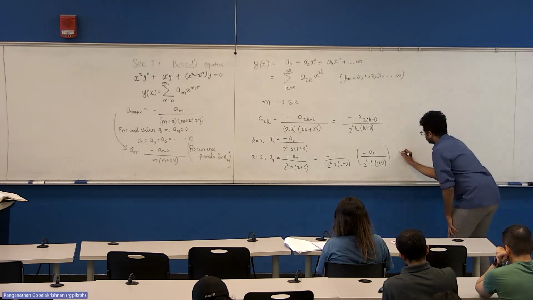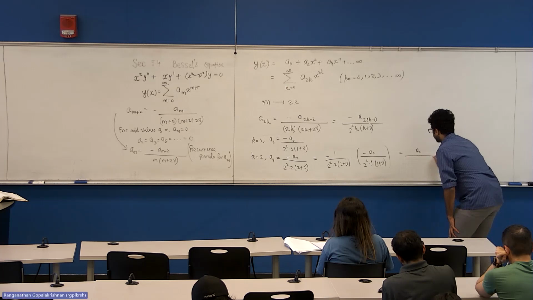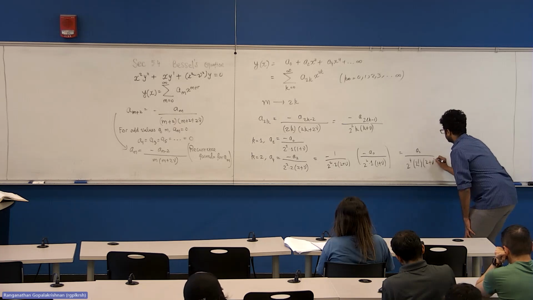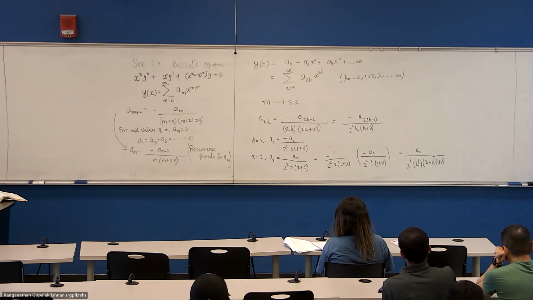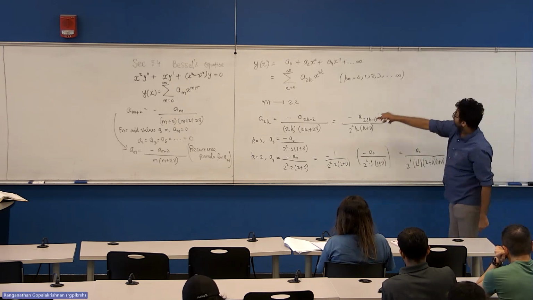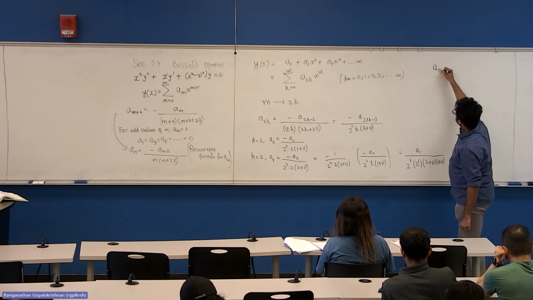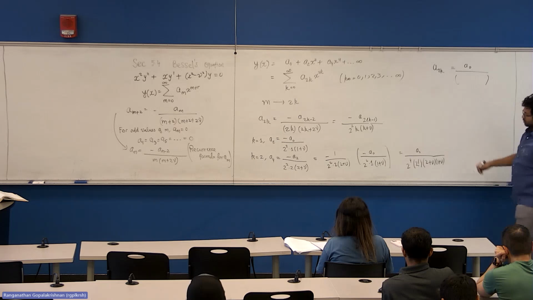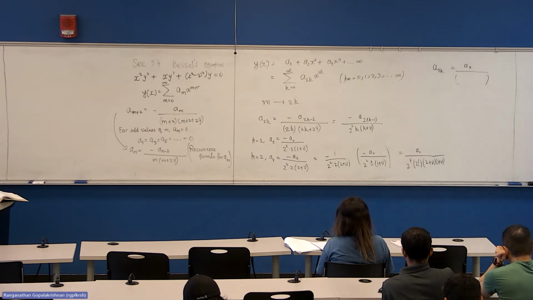So this is a_0 divided by 2 raised to the power 4 multiplied by 2 factorial times (2 plus nu) times (1 plus nu). Obviously, we want to write any value of a_2k in terms of a_0 and something that appears below. Can you try to identify that pattern?